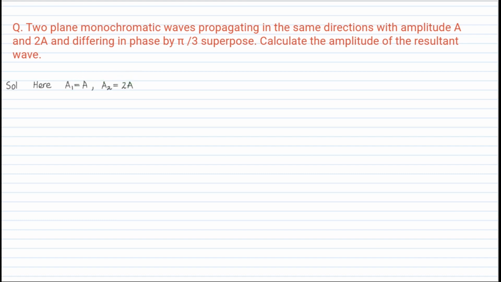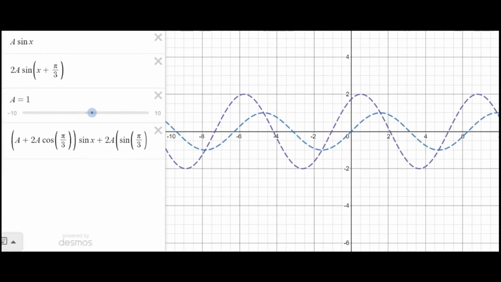Now the two waves have a phase difference of how much? Pi by 3. Fine. So look here. You have two waves. This is your first wave.